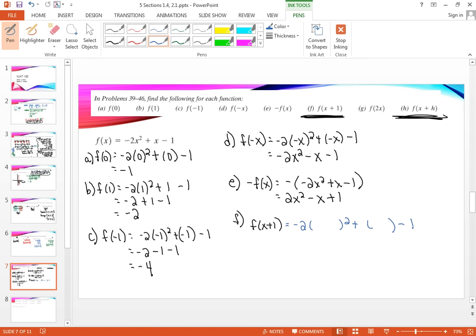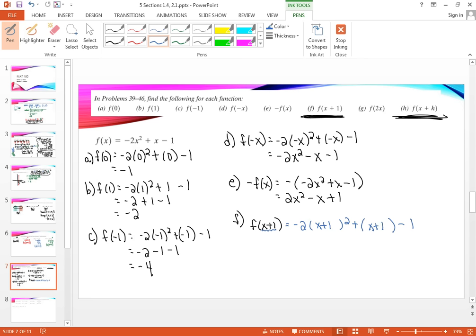Everywhere there was an x, I just took it out and put a set of parentheses instead. Everywhere there was an x, I want to now put x plus 1. So I want to put an x plus 1 here and an x plus 1 here.